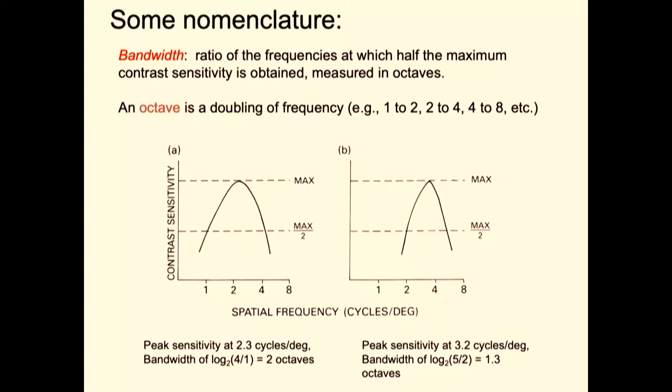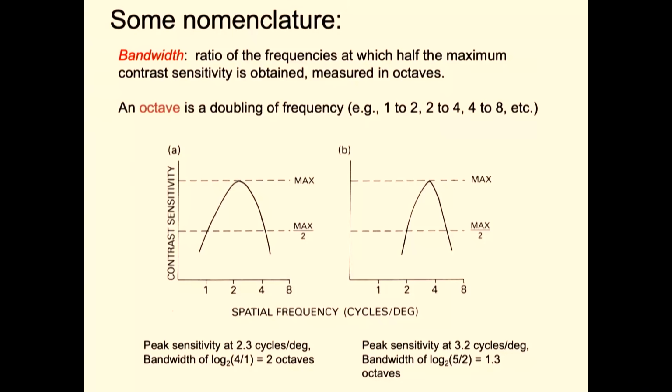So the cochlea filters are, roughly speaking, maybe 1/3 of an octave, depending on where you are on the cochlea. And the spatial frequency channels in vision are typically in excess of an octave, right? So the frequency resolution is not nearly as tight, but it's nonetheless there.